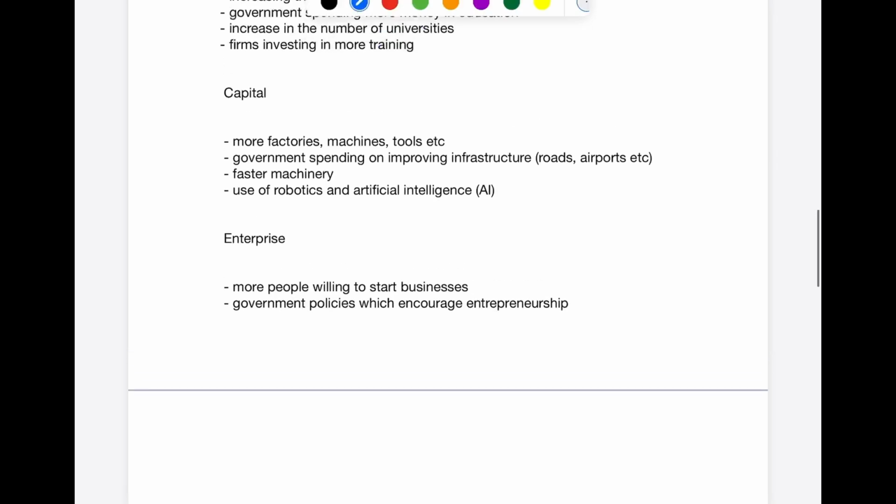So as a result, the quality and the quantity of the factors of production decreases, the amount of resources decreases. So therefore, the PPC decreases to the left-hand side. It would be an inward shift, and as a result, the potential output of the economy will fall.